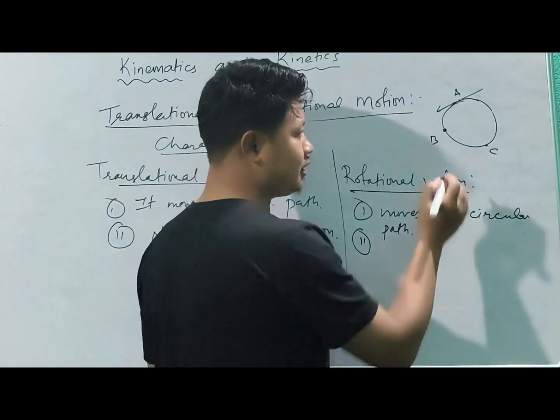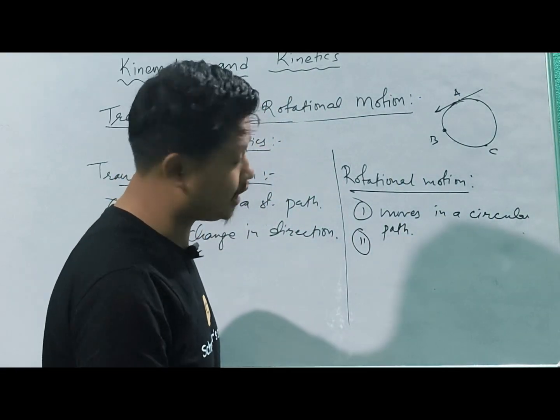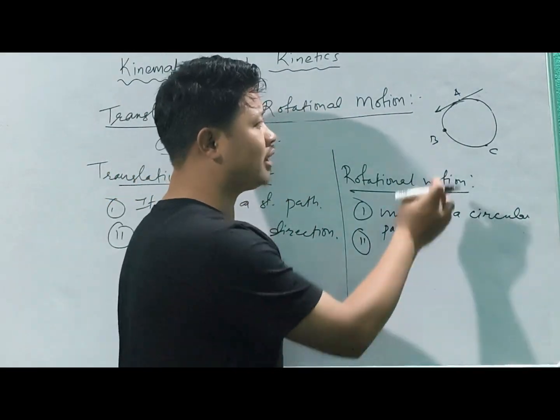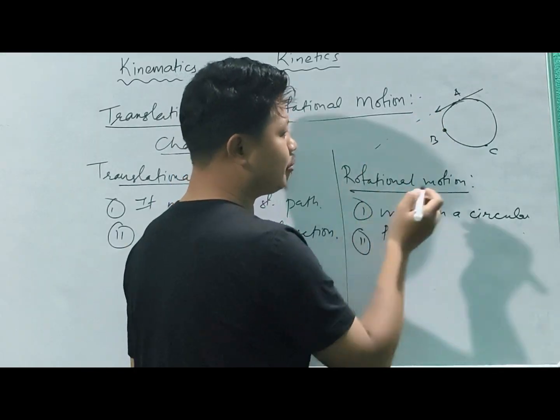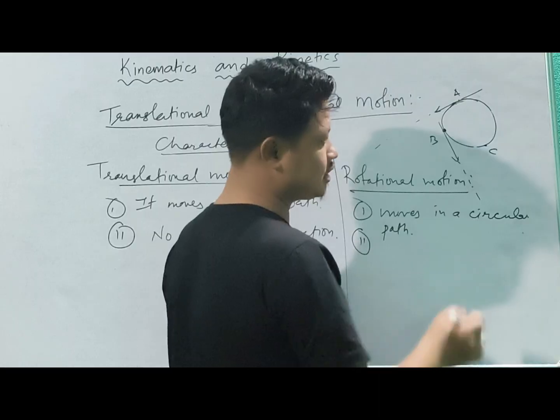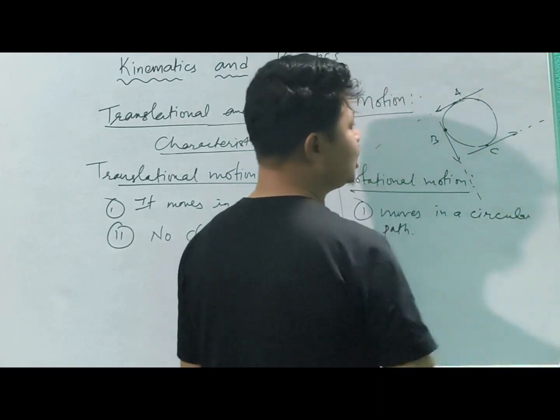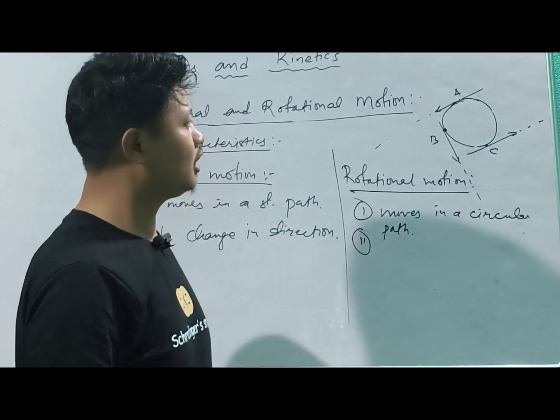That will give the direction of the particle at that point at any instant. Right now the direction is this way, but after a few seconds the direction will be this way. If I draw the tangent at point C, the direction will be this side.